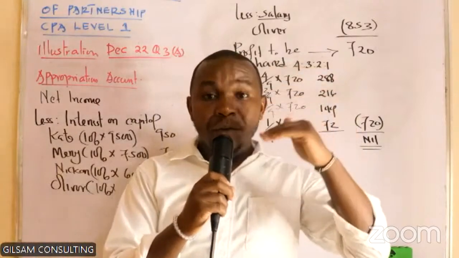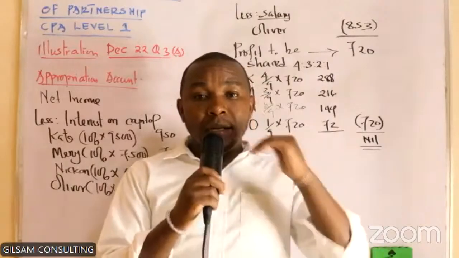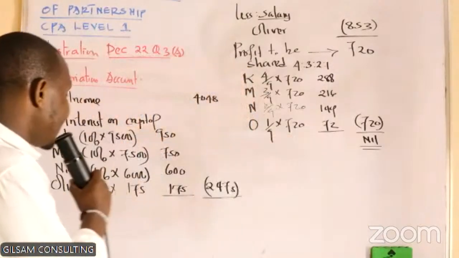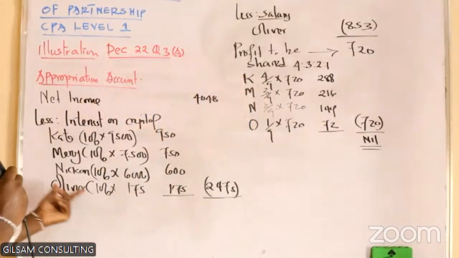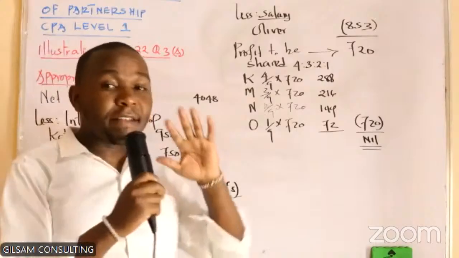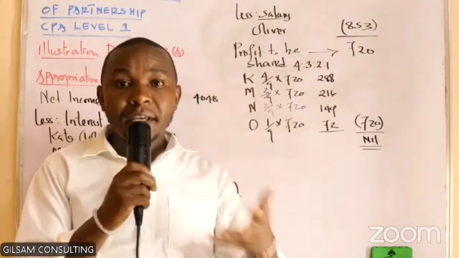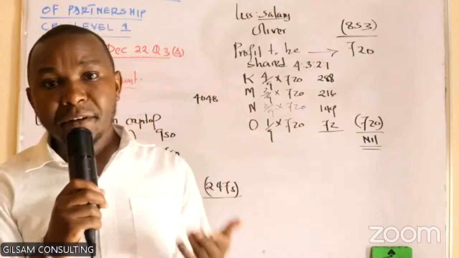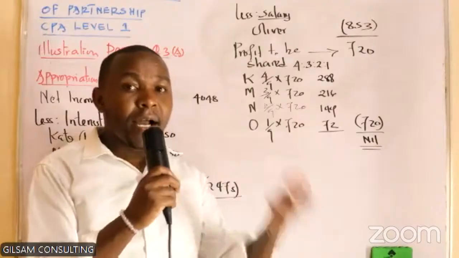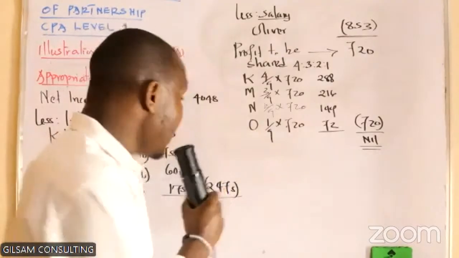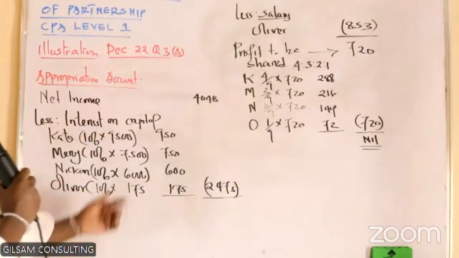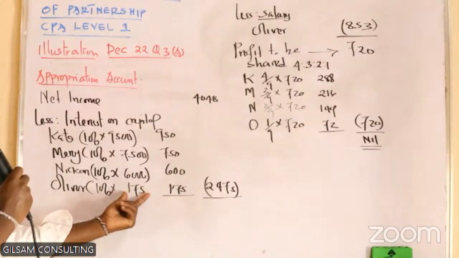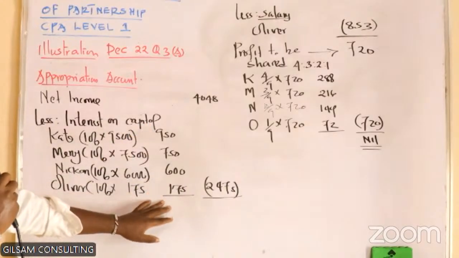We have been provided the capitals there for each and every partner except for Oliver. Oliver is there in the first information, because Oliver is to bring in a capital of 1.75 million as capital and 1.68 as goodwill.